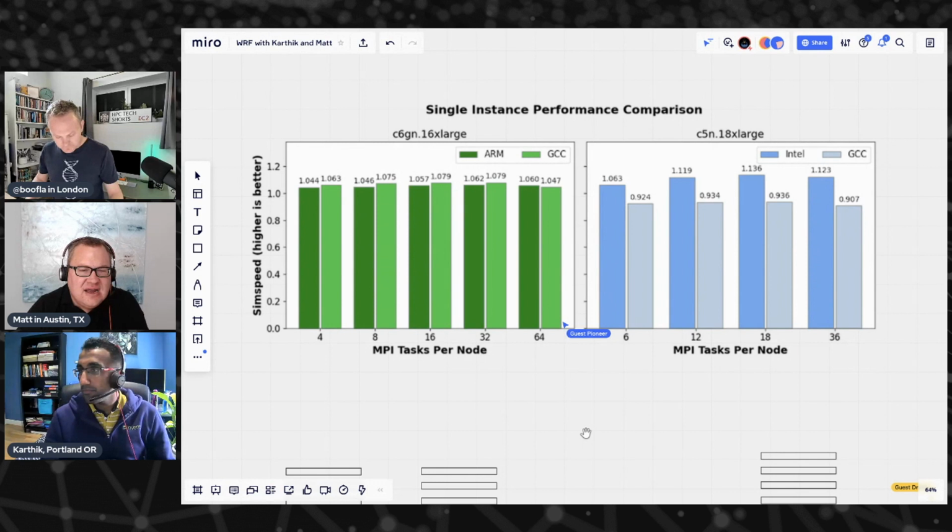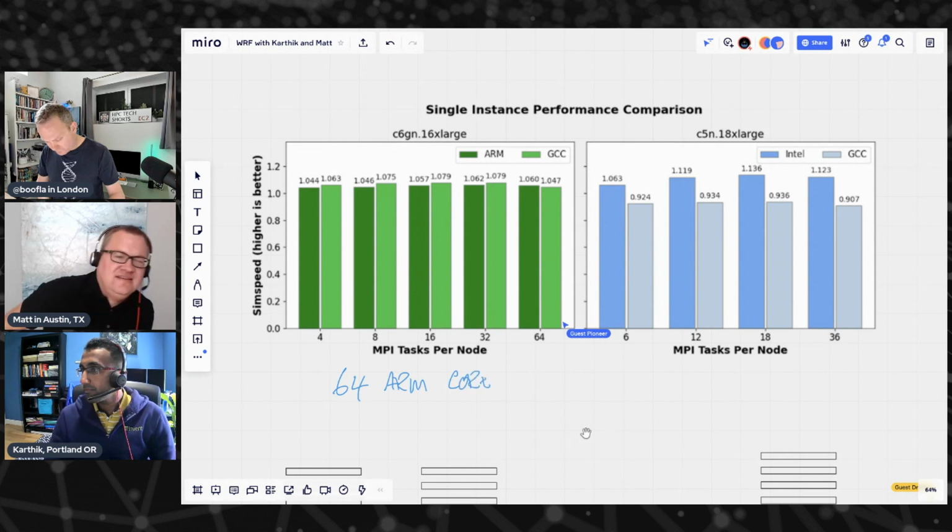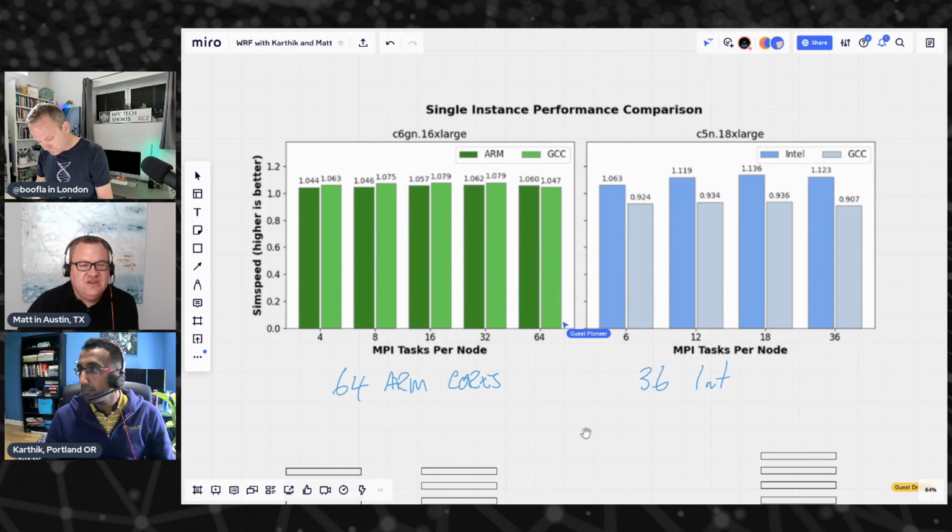We have different compilers here as well. On the green side on the left, we tried both the ARM compiler suite as well as GCC. It doesn't make a whole lot of difference whether we use GCC or the ARM compiler, whereas we've heard in the past, and can see on the Intel side, that it really does make a difference.